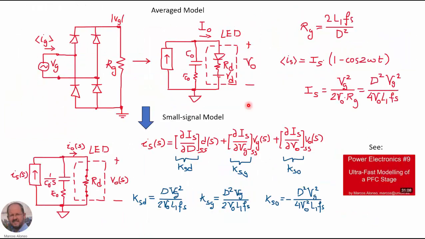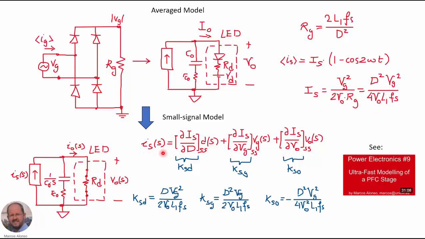So let's see how to do this in this slide. We are considering the average model. So from the current that is being injected into the output, we will consider only the DC component, which is given by this expression as a function of the different parameters. So now, in order to obtain the small signal model, we take perturbations on this expression here.